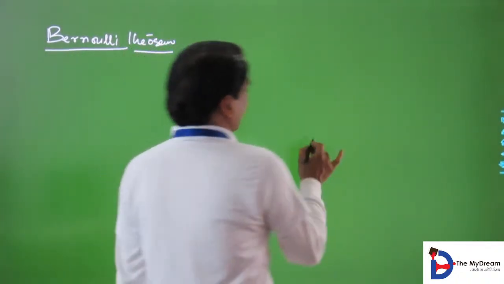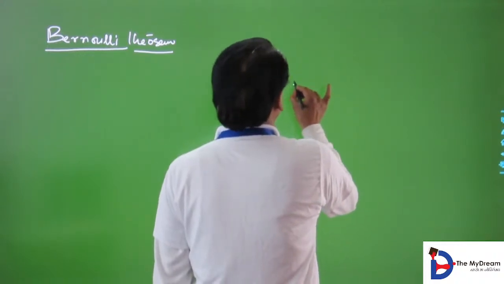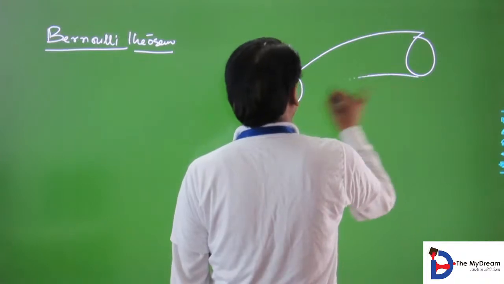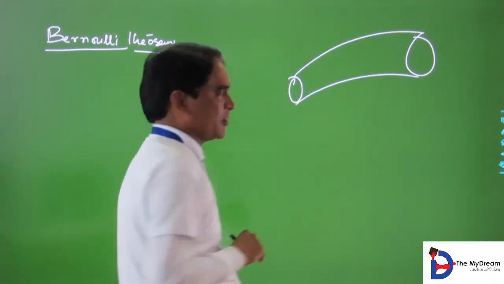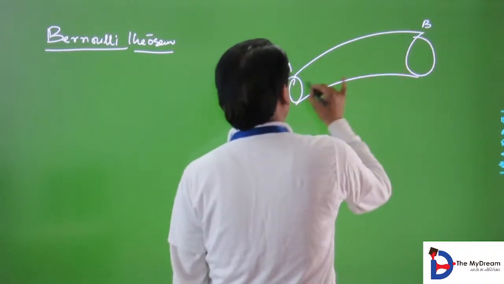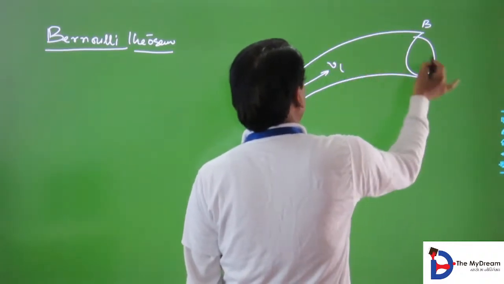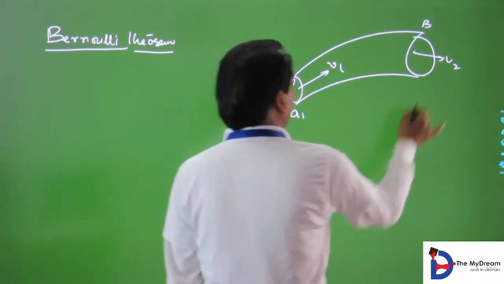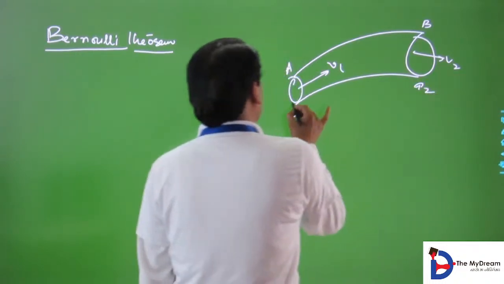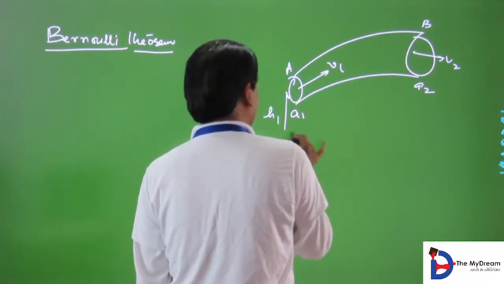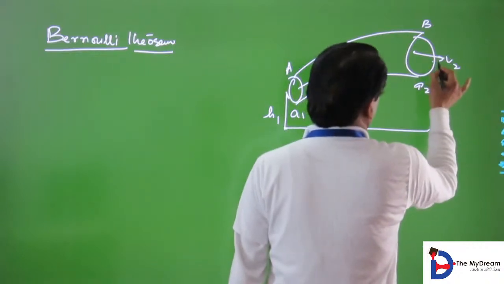Let us consider a tube of different area of cross-section. This is the end A, this is B. Here the velocity is V1, here the velocity is V2. Area of cross-section A1, A2. This is at a height H1, and this is at a height H2.